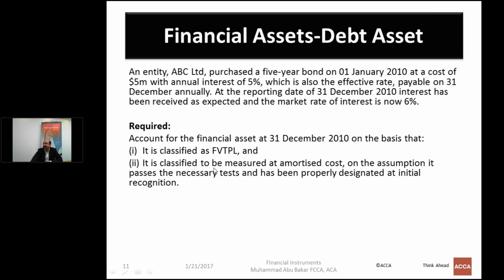If it is classified to be measured at amortized cost, on the assumption that it passes the necessity test and has been properly designated at initial recognition. Initially, there is no issue cost. Had it been there, you would have deducted that issue cost while initially recognizing this financial asset.